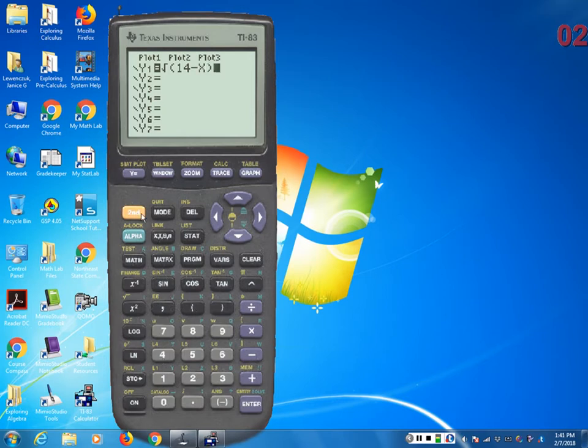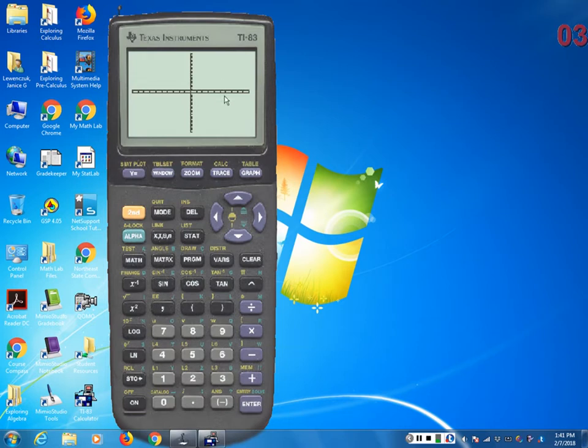Can you do test in here? Yeah, you can. What do I do, hit graph? Yeah, you just hit graph. See, look, it's just a straight line. Maybe that's because the window's not right.